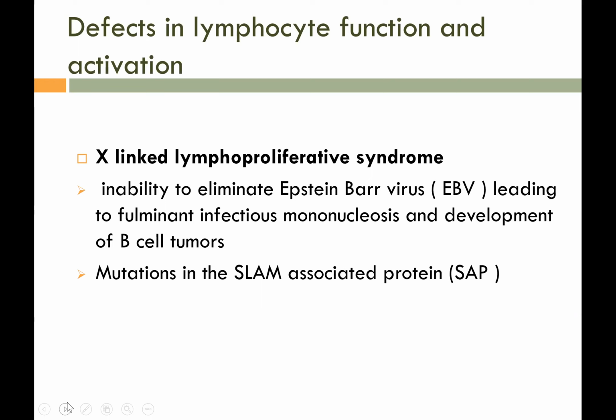SAP binds to a family of cell surface molecules involved in the activation of natural killer cells and T and B lymphocytes, including the signaling lymphocyte activation molecule, otherwise known as SLAM. So if you have a defective SAP, it will attenuate NK and T cell activation, and it will result in increased susceptibility to viral infection, particularly Epstein-Barr.